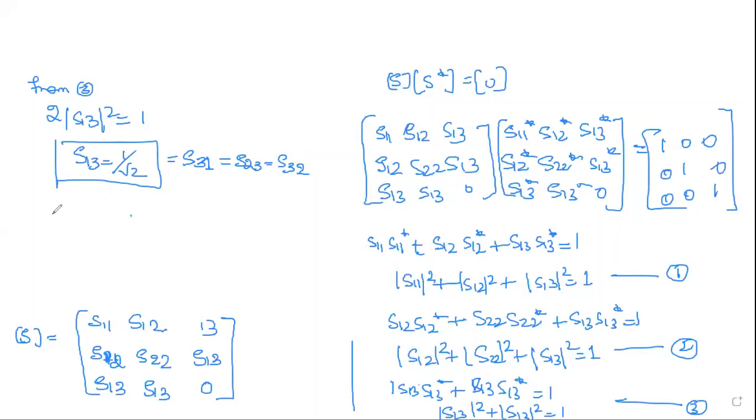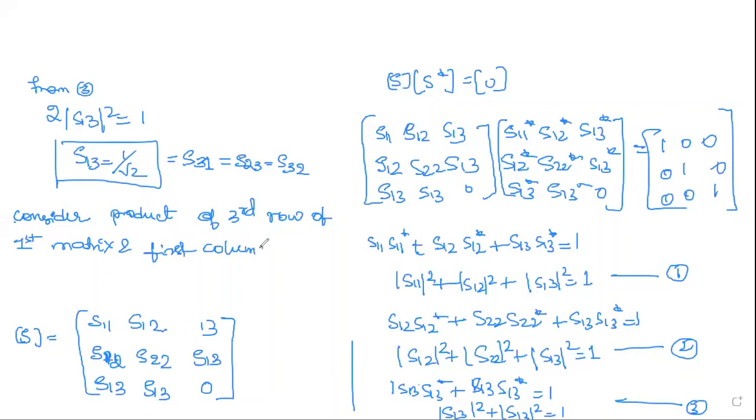Now next step, consider from the matrix the product of the third row of the first matrix and the first column of the second matrix.